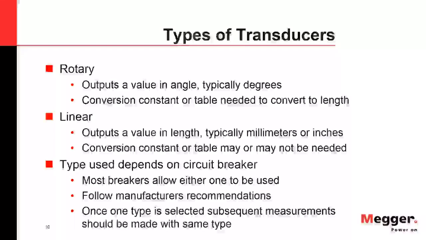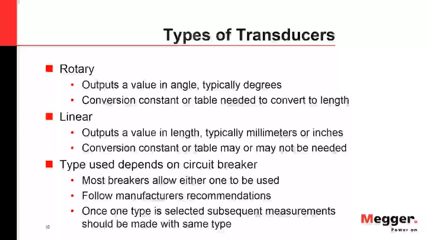The type of transducer you use depends on the circuit breaker. And you'll see, even though a manufacturer recommends a linear to their customers because that's what a lot of people are used to using, some will measure with a rotary. Or, if some people are more familiar with rotaries, they might hook up a rotary.